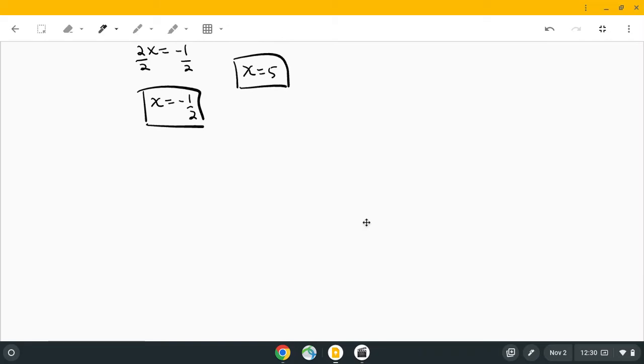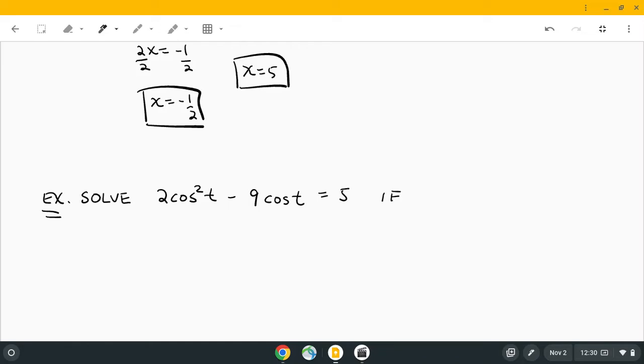So let's go ahead and take a look at this example here. Suppose I need to solve 2 cosine squared t minus 9 cosine t equals 5.